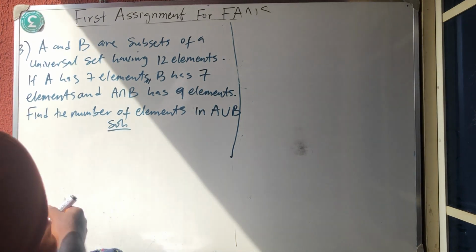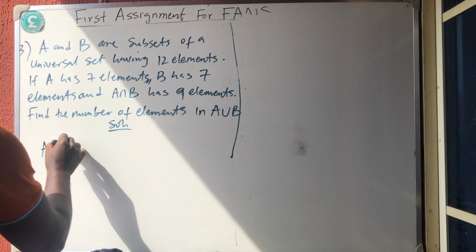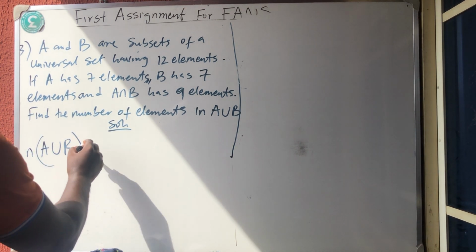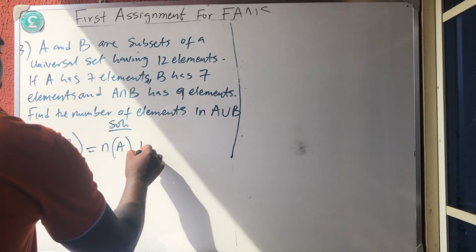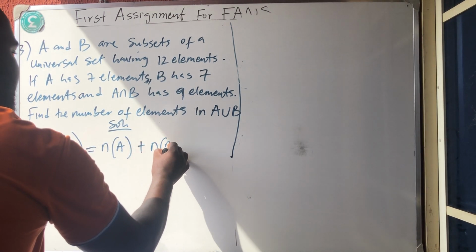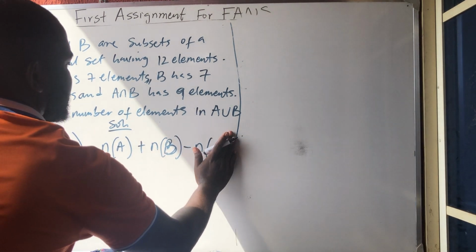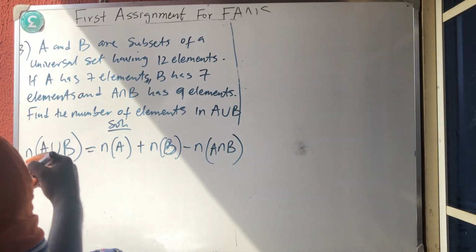set theorems. Now using set theorems, I know that the number of A union B is equal to the number of A plus the number of B minus the number of A intersection B. Okay, you need to know this formula.